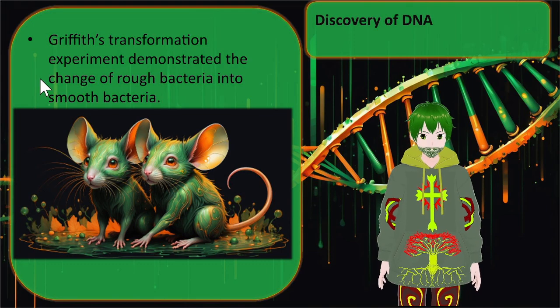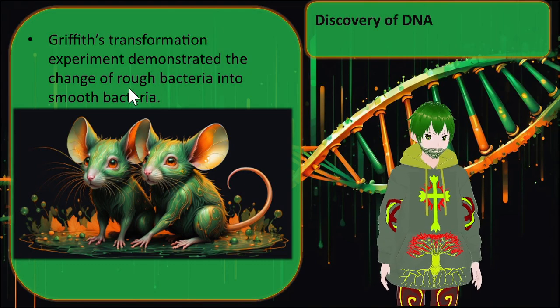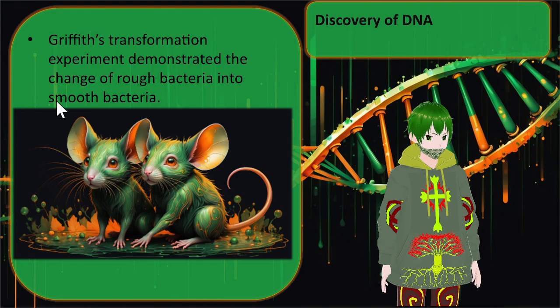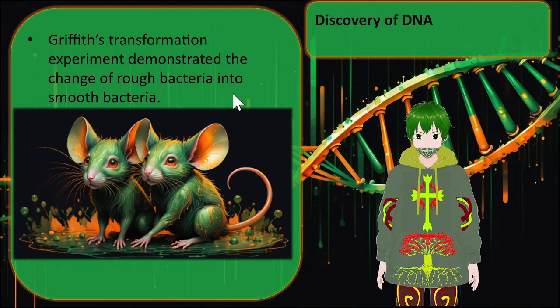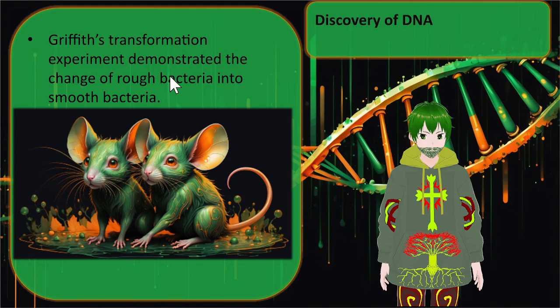And he discovered that when he killed some of the bacteria from a dead mouse and put it in with the bacteria that were harmless, it made the bacteria lethal. It turned them into smooth bacteria. So rough became smooth.